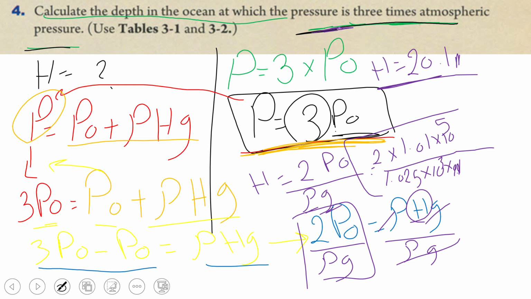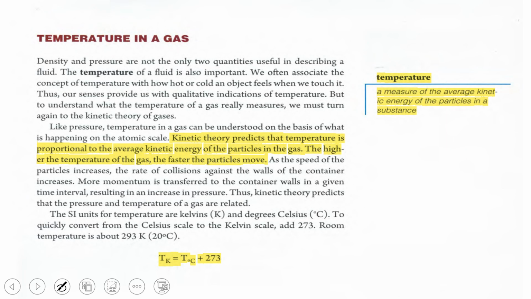Pressure is 3 times atmospheric pressure, so put this relation in the equation, P equal to 3 P naught. Because on both sides you have P naught, we can move this P naught to the left side, arrange the equation, and find H. And this is about question 4.